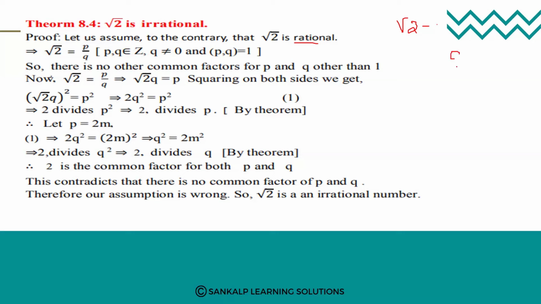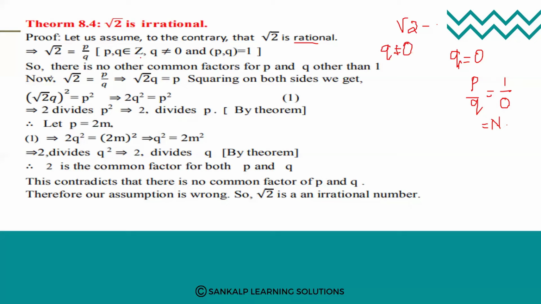Tell me. If Q becomes 0, P value you can take 1, Q value 0. Then tell me the answer. If any number is divided by 0, then we get not defined. This value is not defined. Therefore, the condition is Q is not equal to 0.